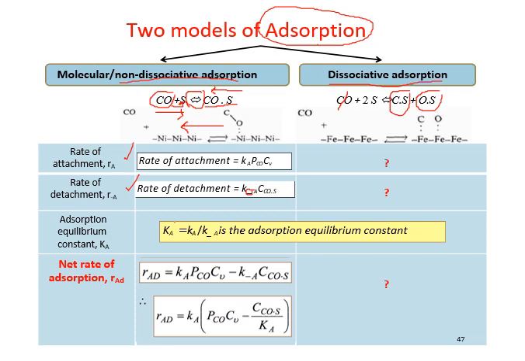In adsorption equilibrium, which we have also learned, the constant is forward divided by reverse, so here Ka for attachment divided by K minus A for detachment. So to find the net rate of adsorption, this one is the rate of attachment, and this one is the rate of detachment.